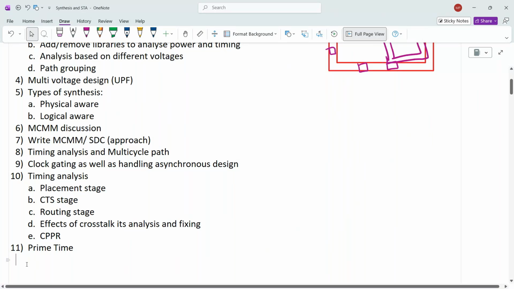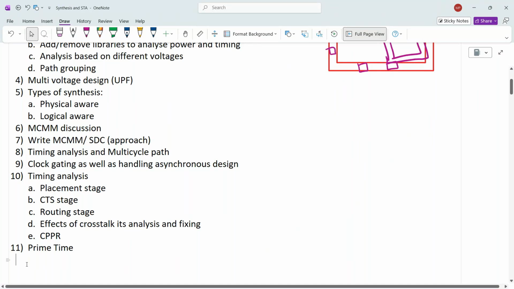Any other question? So this is the syllabus you're showing for the STA and synthesis, right? Yes. Okay, thank you.